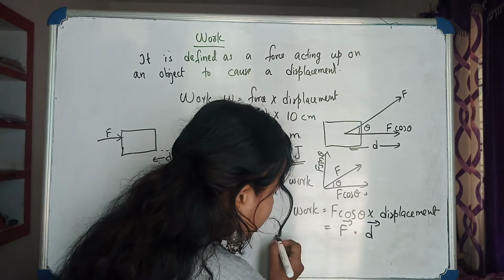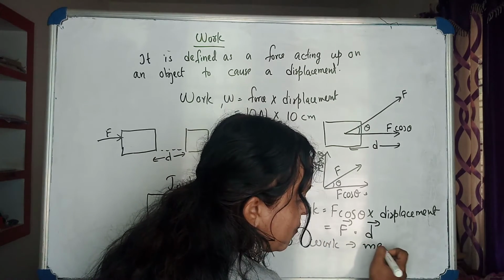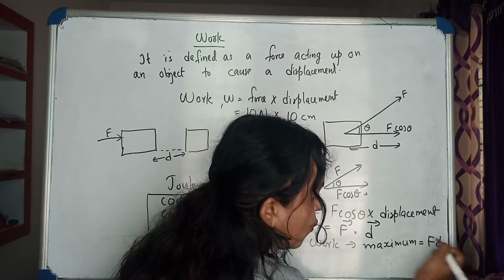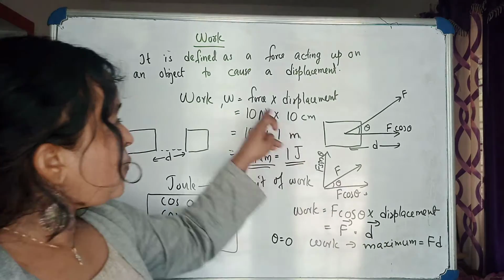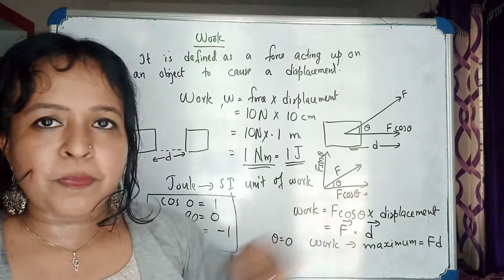That means if theta is equal to 0, work is at its maximum value, which is force into displacement. That is our first equation, F into displacement, where the force is along the direction of displacement.